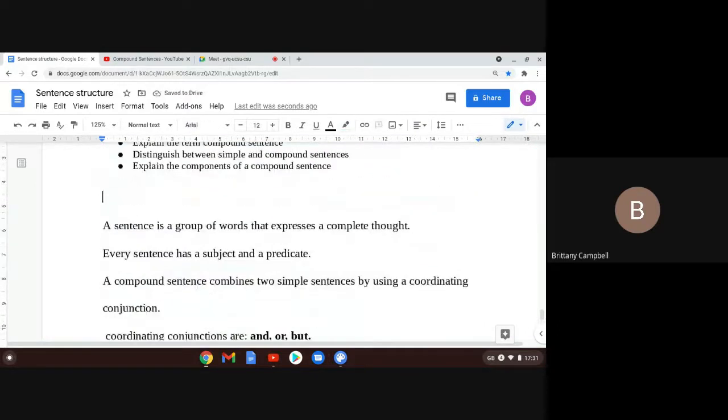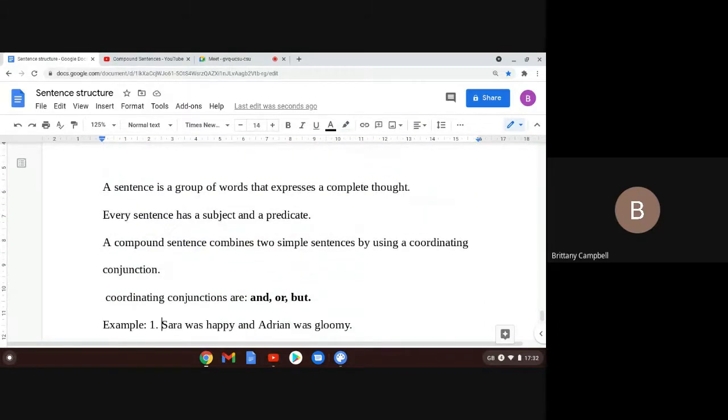All right, so again, when we talk about a sentence, you must ensure that whether you're writing a simple or a compound, bear in mind that it must express a complete thought. Just as yesterday, we were looking at simple sentences. That is the first step. But today we're taking it a notch further to compound.